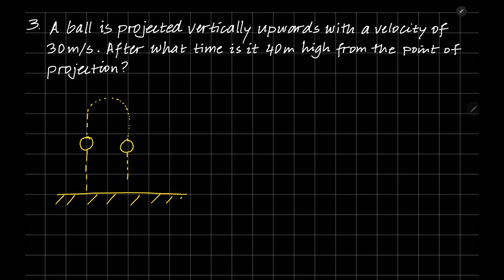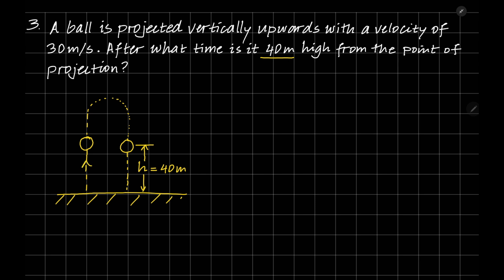And returns back to the ground. It says, after what time is it 40 meters high from the point of projection? That means height h is equal to 40 meters.